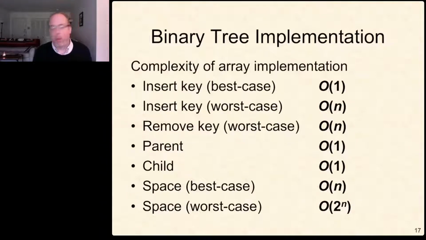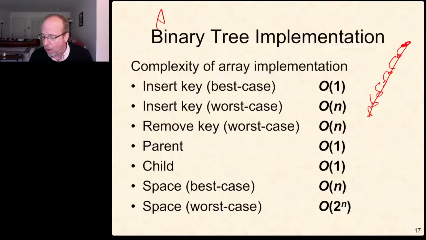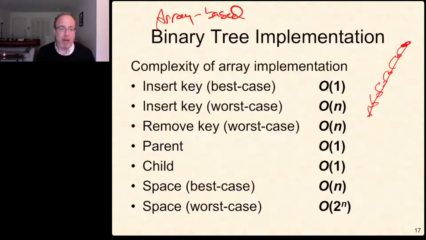The same is true for remove, and remove could be very expensive if we have a tree that's kind of a stick. So we have to check each element until we find the right one to remove. So that's linear. However, parent in an array-based binary tree implementation is really cheap.